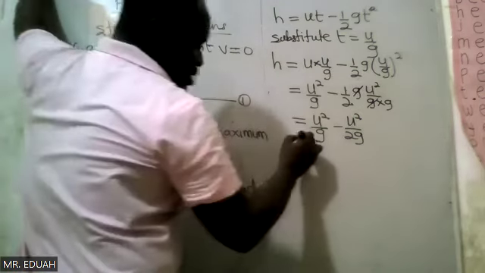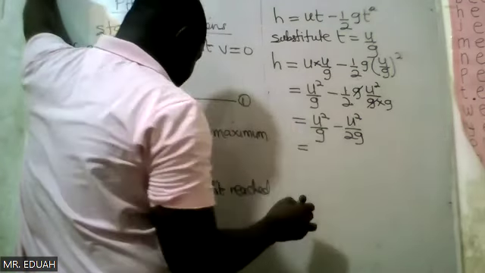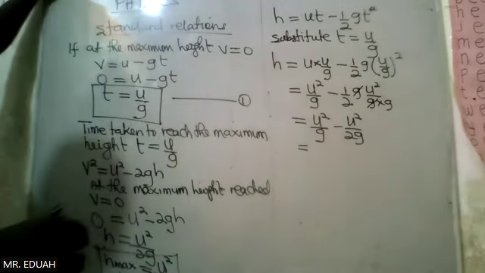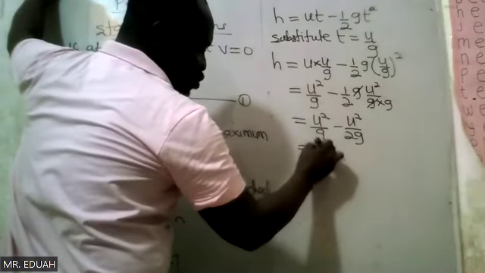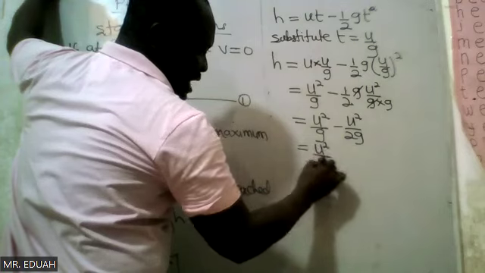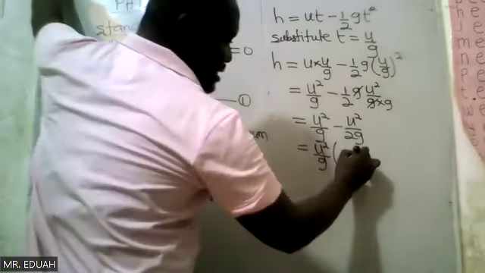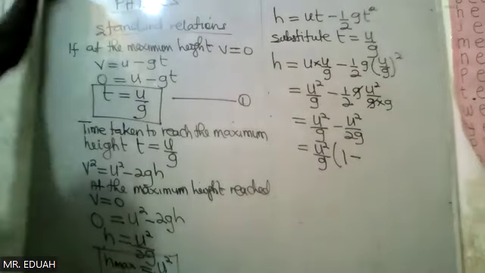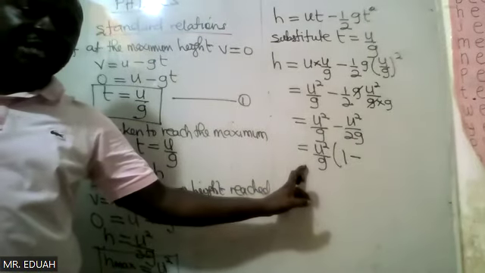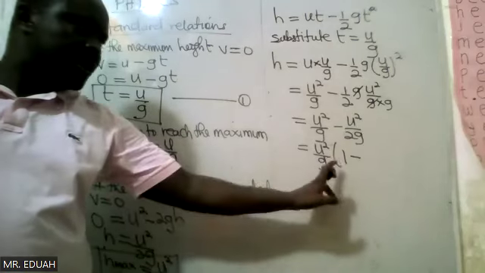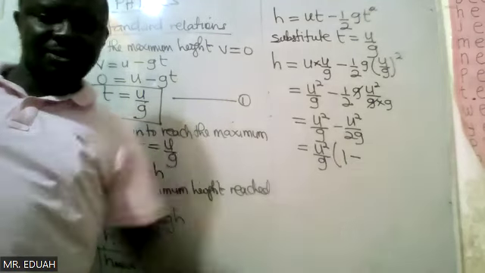U squared over G is common, so I can factorize that out. When I factorize U squared over G out, I have 1 minus what? What is left here?